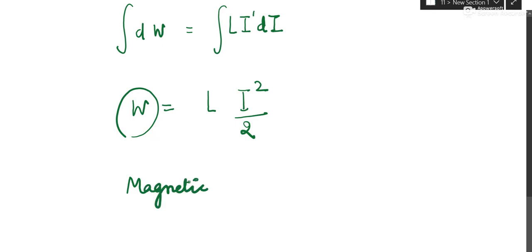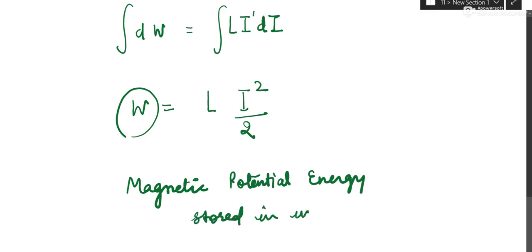Inductor is holding magnetic field lines. It means it is holding magnetic potential energy in a proper configuration. So magnetic potential energy stored in an inductor, stored in a solenoid, is equal to half L i square.